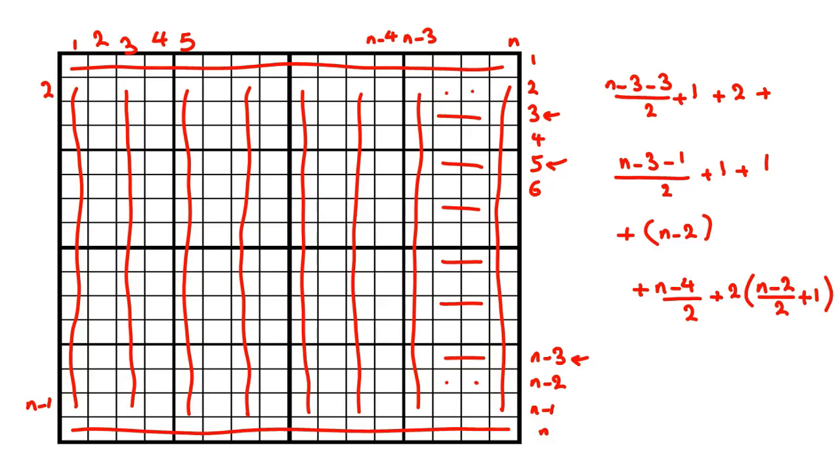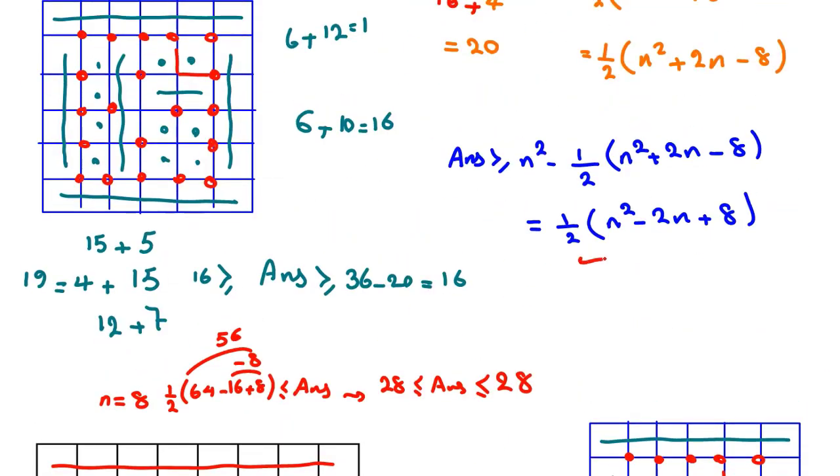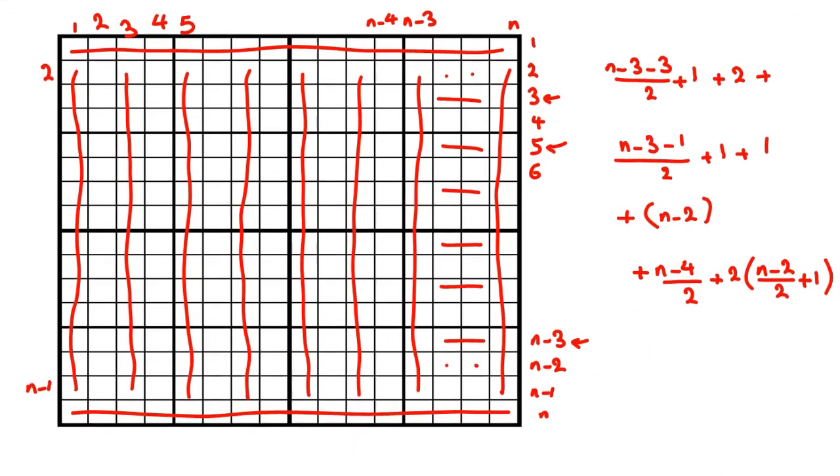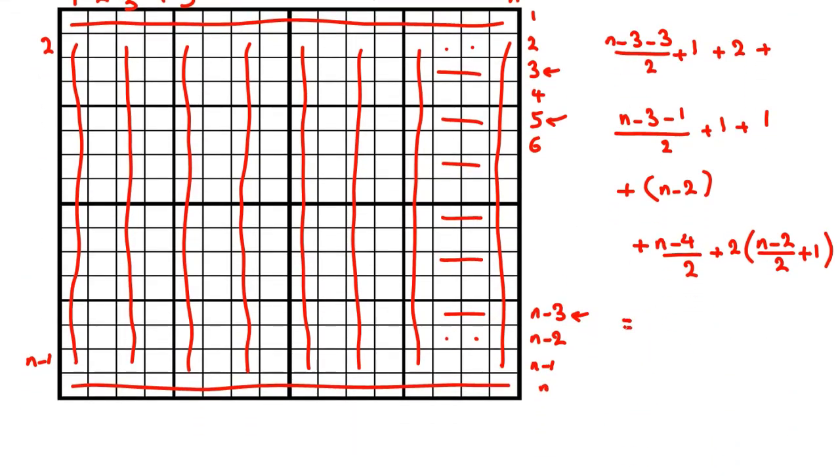So let's add. If we add all these things, it should be these parts. Okay, let's check it. It will be n over 2, n over 2. Let's simplify as much as we can. So here, n over 2, n over 2, let's find the coefficient of n over 2: plus 1 over 2 plus 1 plus 1 over 2 plus 2, 2 plus 1.